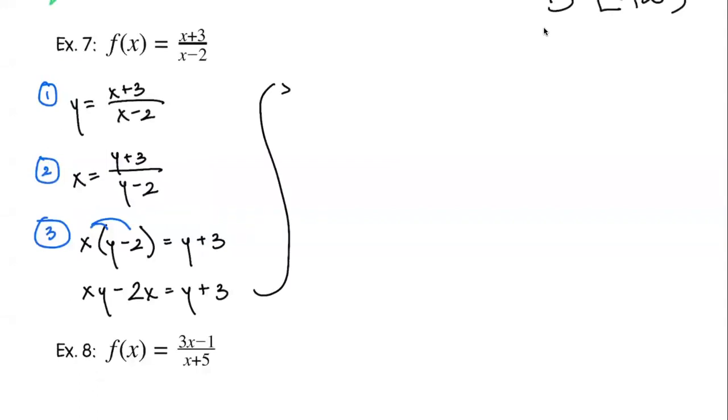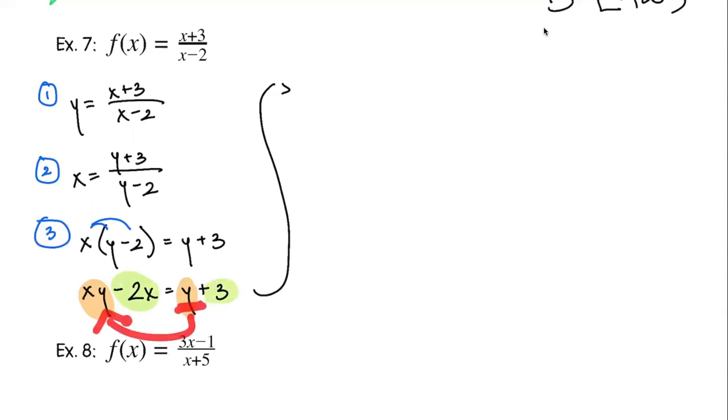Now, we're going to look for all the terms that have y, and we're going to put those on one side together. All right, so let's do a little old school, middle school kind of color coding, right? So all the terms that have y are in orange, and then all the terms that don't have y are in this green color. And so I'm going to take this y on the right-hand side.